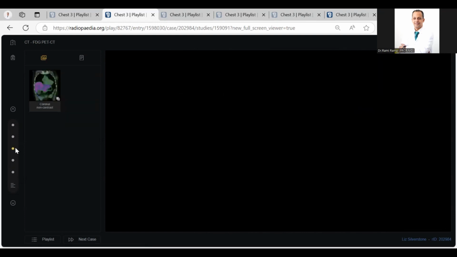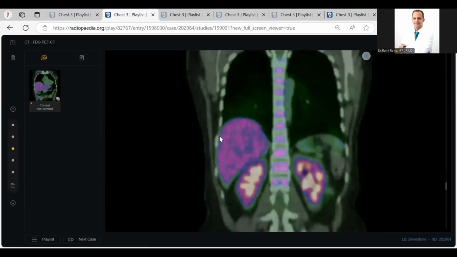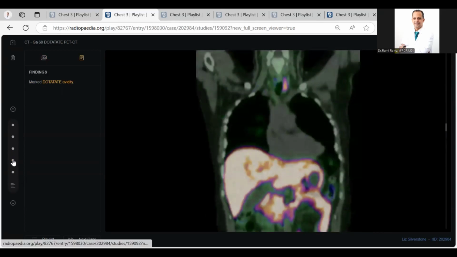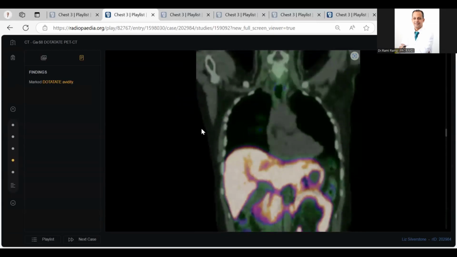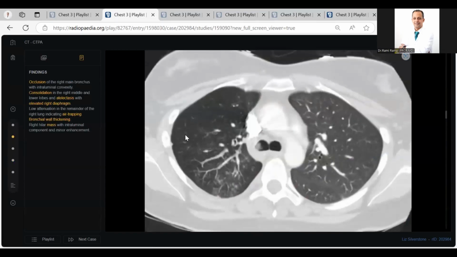What is the next step? The next step is a DOTATATE scan. Yes, this is DOTATATE. See, I think this is the mass that I pointed out during the exam. There is an obstructing mass, and the rest is a collapsed lung.